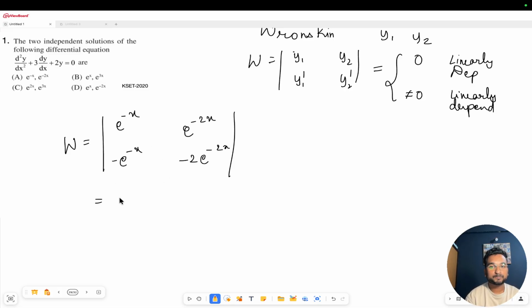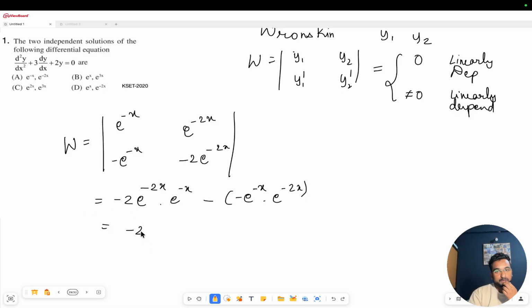So this will be minus 2 into e to the power minus 2x minus x, so it will be minus 3x. Multiplying, we get minus 2 e to the power minus 3x plus e to the power minus 3x.